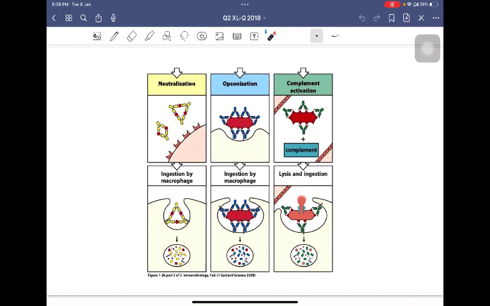There are proteins like C5b, C6, C7, C8, and C9. These proteins together form the membrane attack complex, which makes a pore on the surface of the pathogen and then lyses the pathogen. So these are the three effector functions of antibodies, and one of them is opsonization.